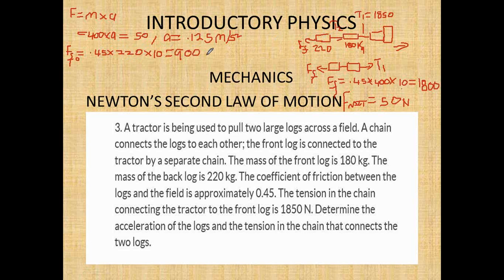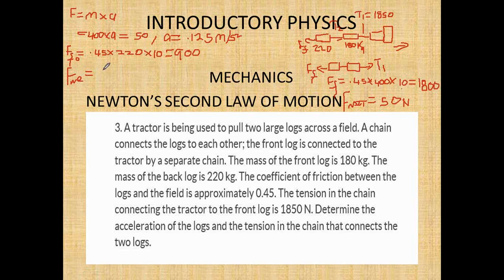But what we know is that the net force causing the backlog to go forward is equal to the tension minus friction, right? This tension was T2.